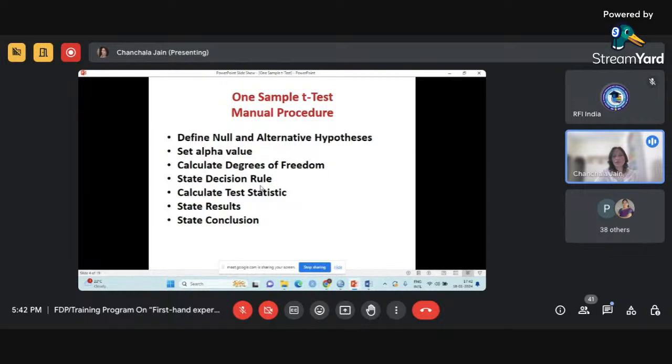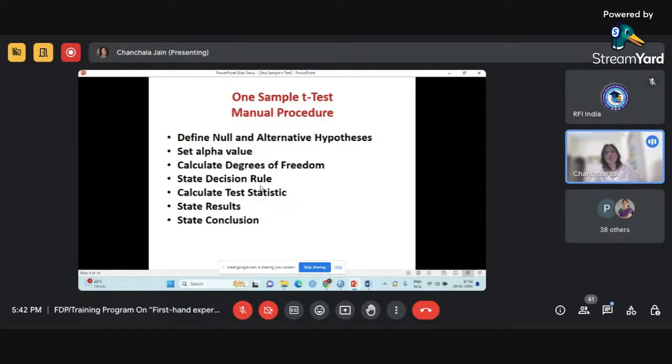Then we need to decide upon which test we are going to opt for. Here I'm talking about the one sample t-test. For one sample t-test, we will have a single variable available with us, and that variable would be the numeric variable. And when we are comparing the numeric variable mean with the population mean, we are interested to find the significant difference, right?